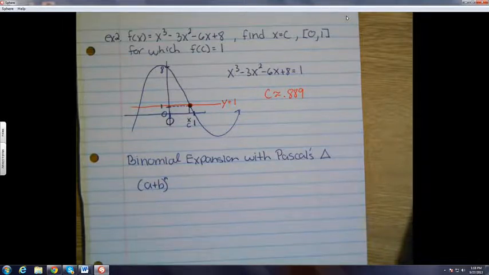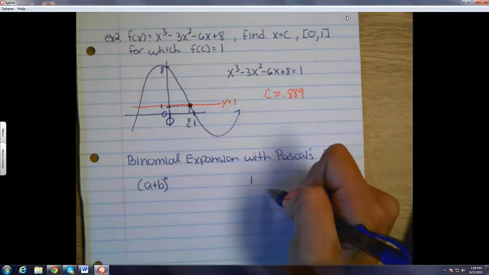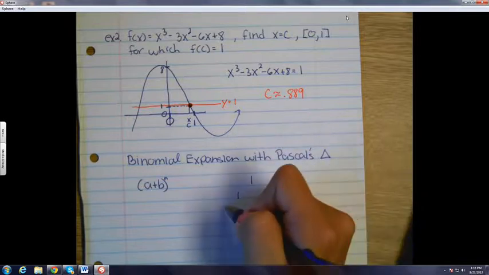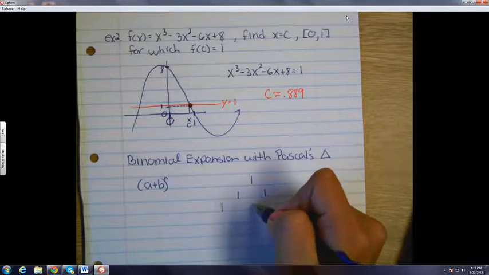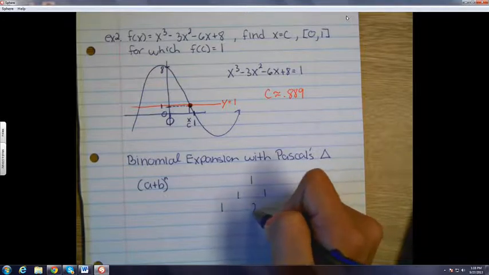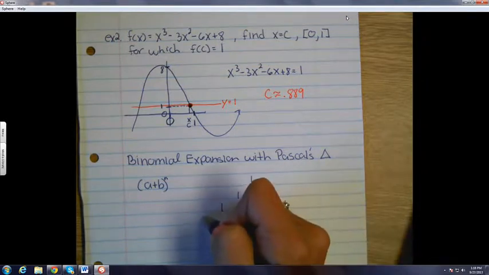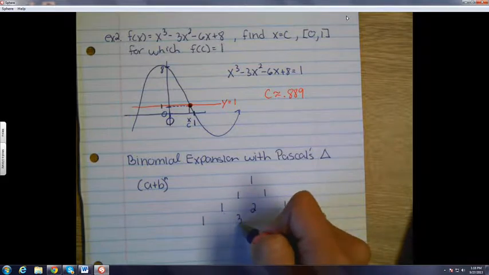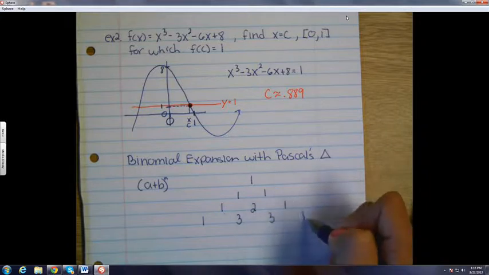Pascal's triangle starts with a 1 on the top. Then the next row is 2 1s. The row starts with a 1. The next term, it's like a pyramid you're building. You add the 2 numbers above it. So this would be 1 plus 1 gives me the 2 in the middle, ends with a 1. The next row starts with a 1. Here you add these 2 terms, you get a 3. The next 2 terms get added, that's a 3, and then we finish with a 1.